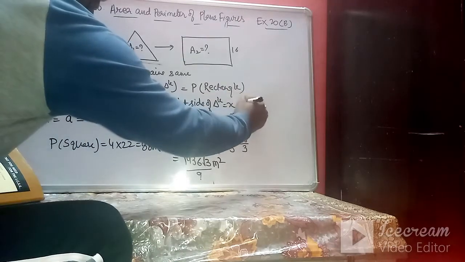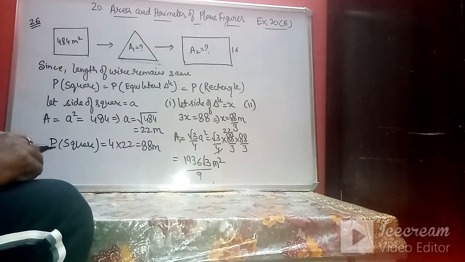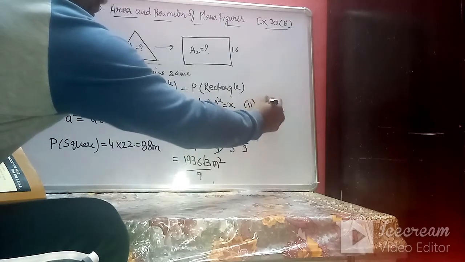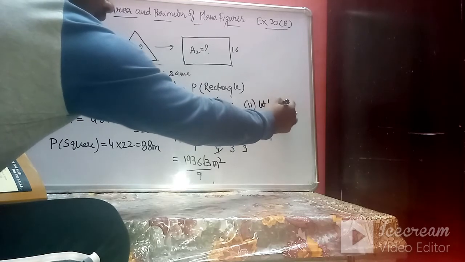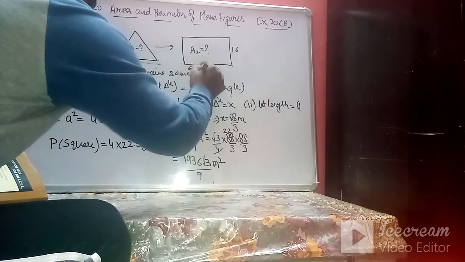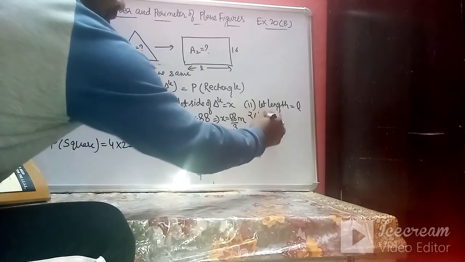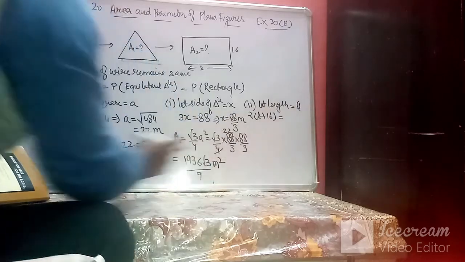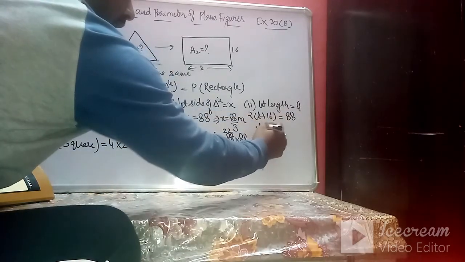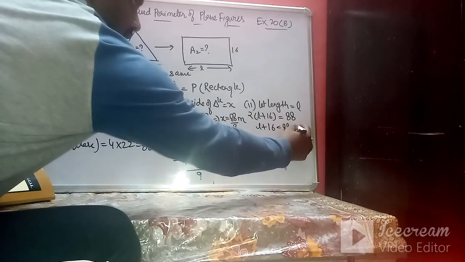Then in the second case we have to find the area of this rectangle. So let the length equal L. We know that 2 into (L plus 16) will be equal to this perimeter, that is 88. So L plus 16 is 88 by 2, that is 44.